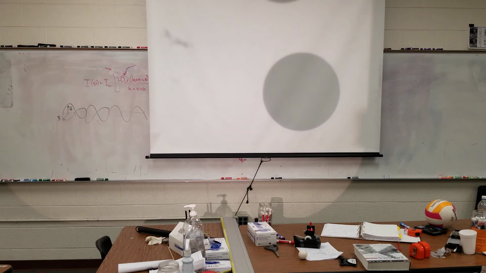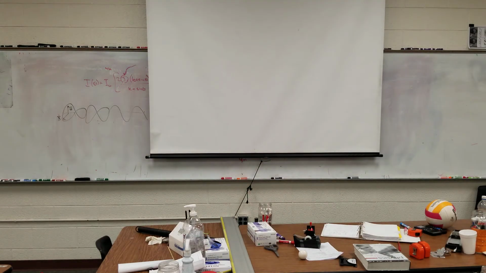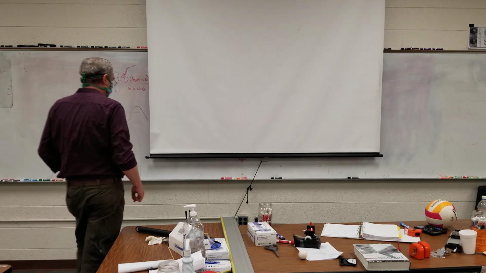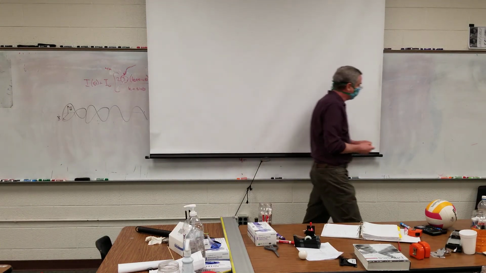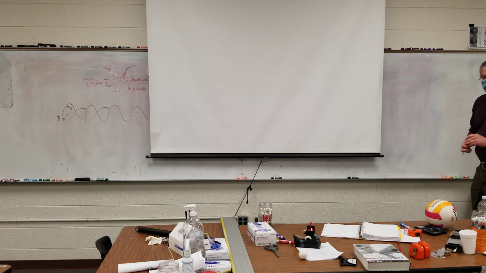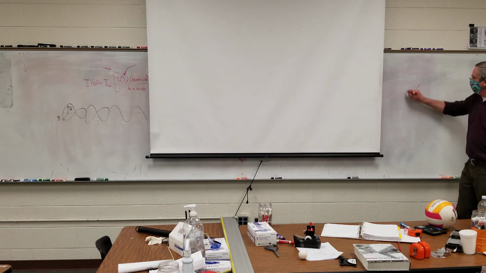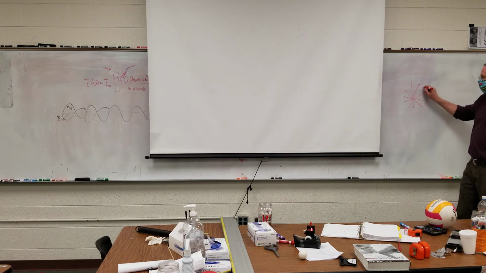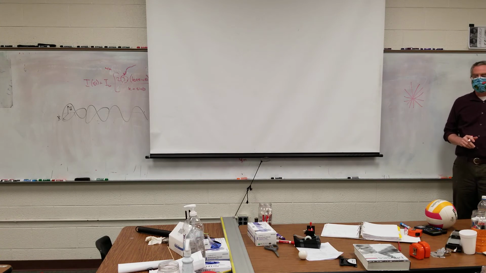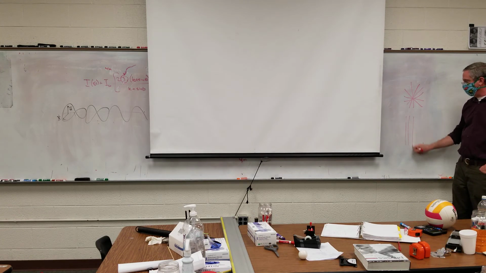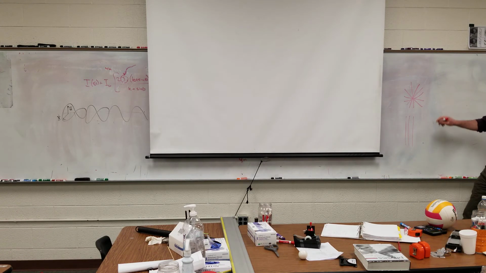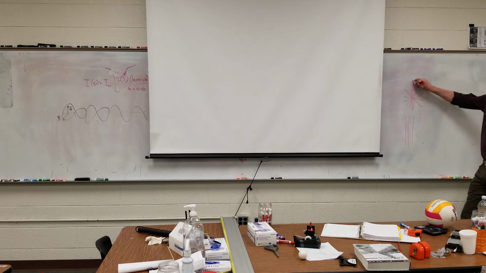Now, the crazy part about this. So I have light coming in all directions, and let just this be my electric field. I put in the filter, so I only allow vertical to come through. So this is all that's going to come through, all the vertical stuff right there.